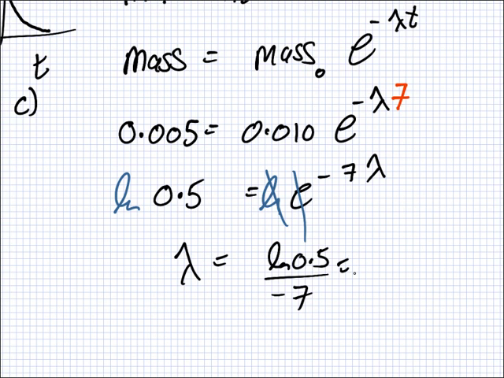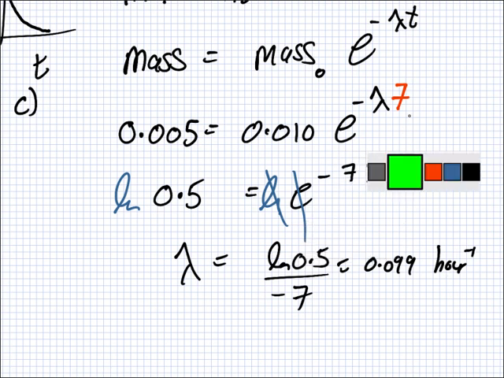Because remember, hertz is per second. So the answer is 0.099 per hour, not per second, not hertz. Now, if you don't like that, you know what to do. Instead of using 7, you use 7 times 3,600, if you didn't like that.